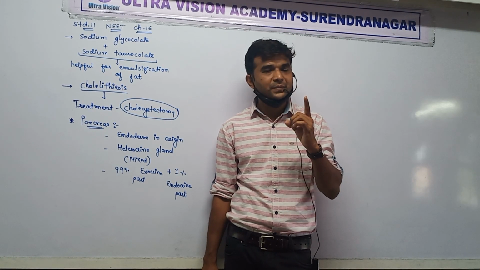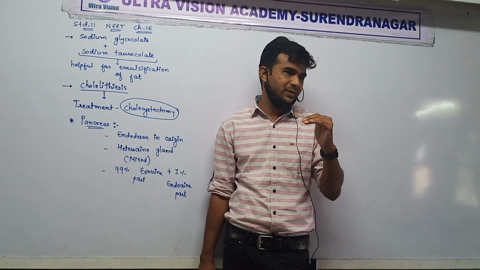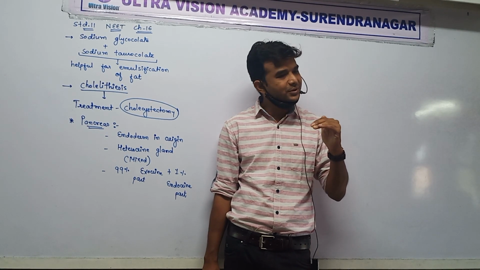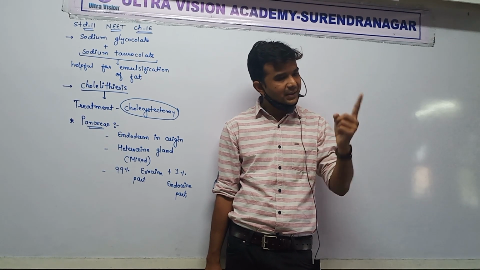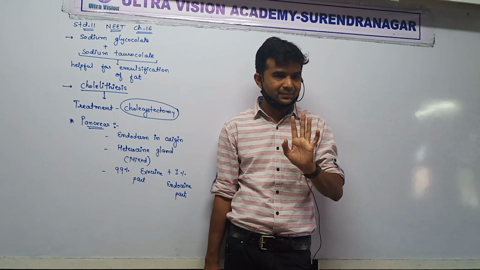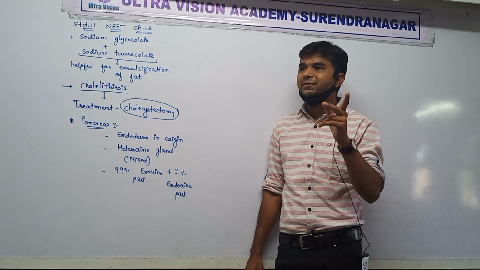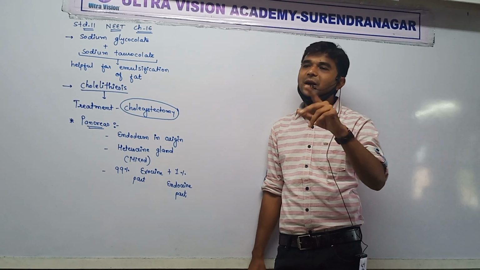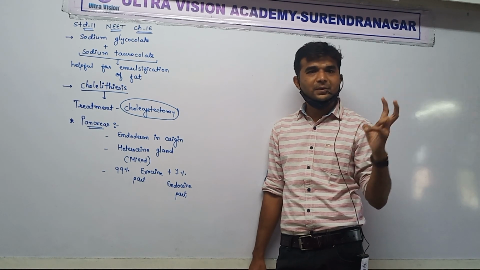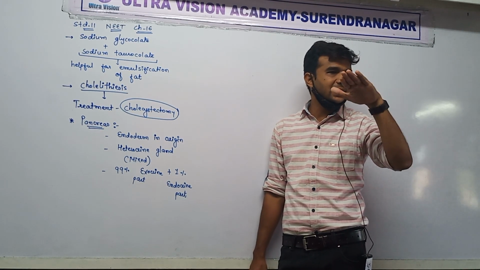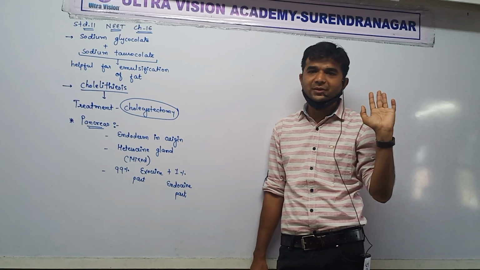But remember, when glucose level in our blood is higher, at that time insulin is secreted. Similarly, when the blood sugar level is lower, then glucagon is secreted. Both work simultaneously together and maintain the blood sugar level in our body.